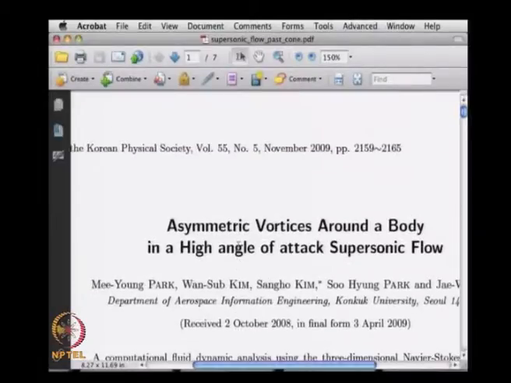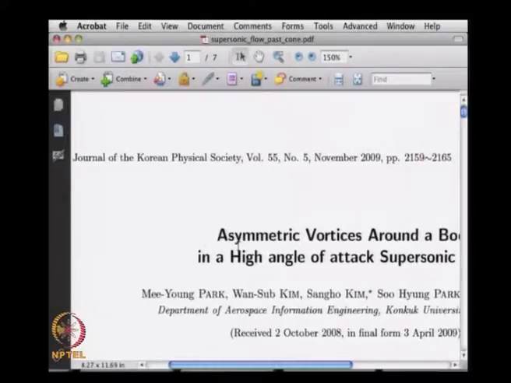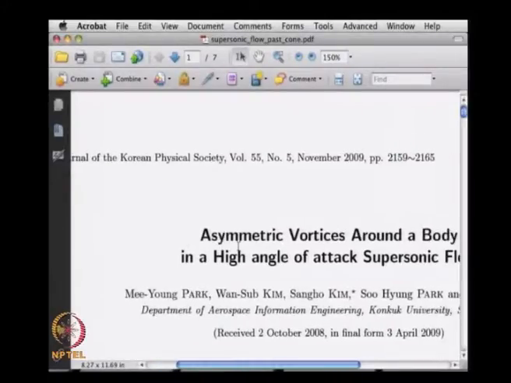And it is in this particular journal, the Journal of, and it is from 2009.